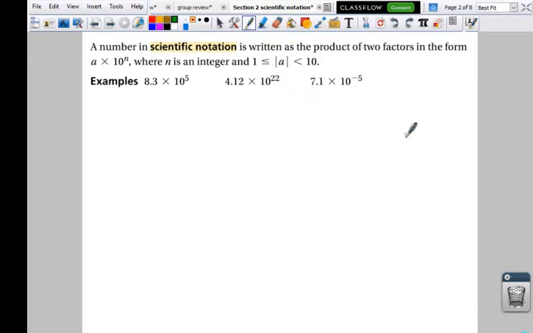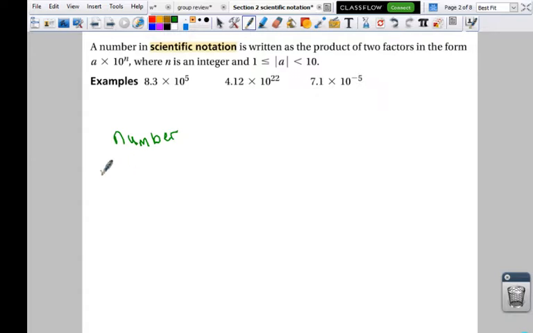If you have scientific notation, it always starts with a number in front, and this number is between 1 and 10.